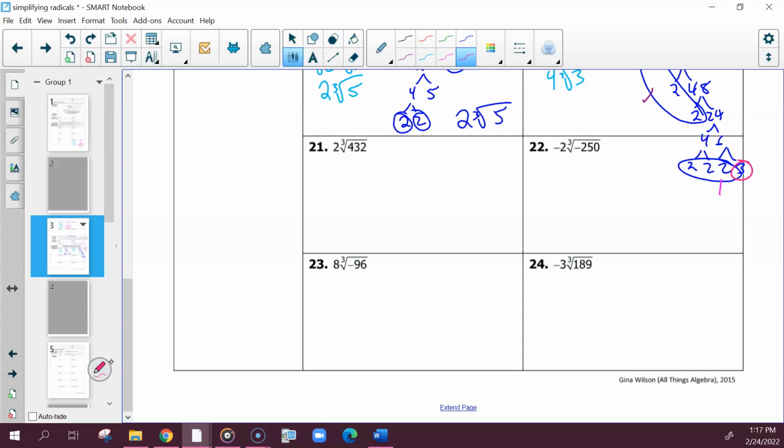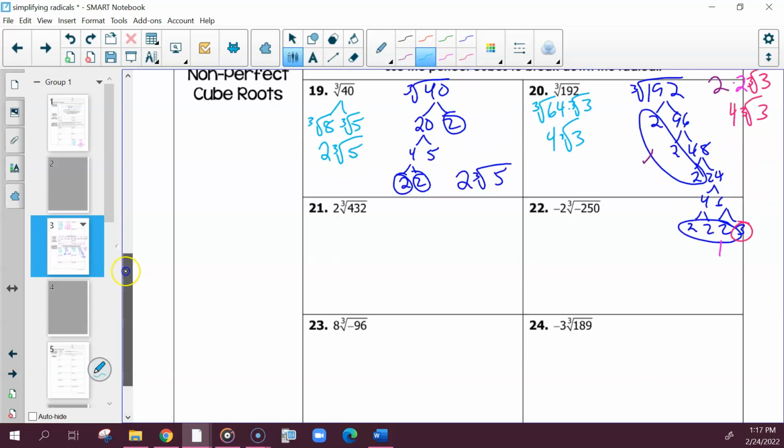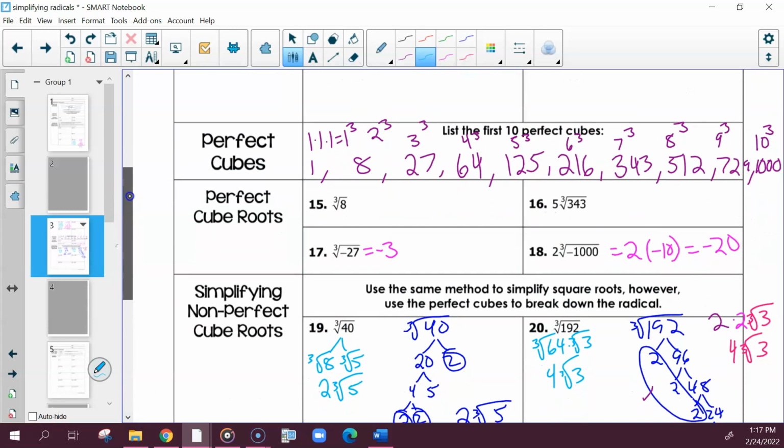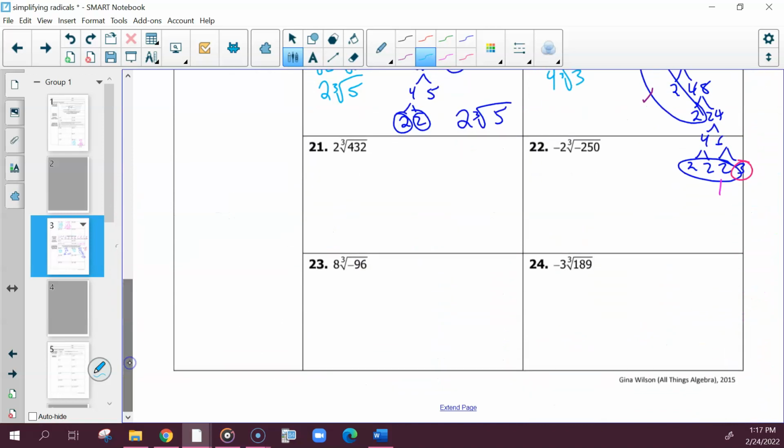So for 22, we have negative 250, which is not one of our perfect cubes, but 125 is. So I can definitely do negative 2 times the cube root of negative 125.